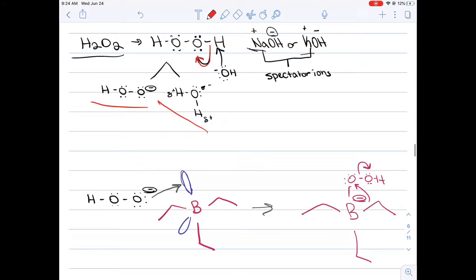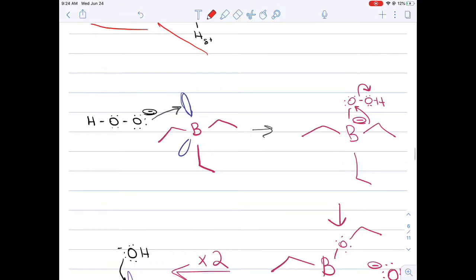Cool. So let's look back at this trialkyl borane. It's still sp2 hybridized. It has an empty orbital, right? So this peroxide ion is going to want to attack that orbital. And boron is unhappy with 4 bonds. What's going to happen now is kind of crazy. The carbon atom in one of the alkenes, we're going to talk about this one, is going to want to form a bond with this oxygen atom.